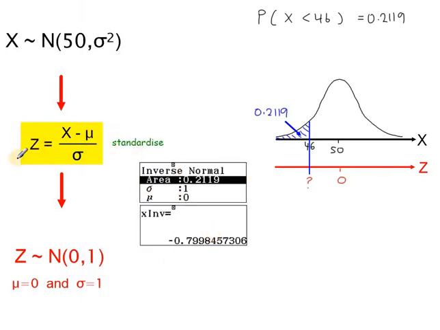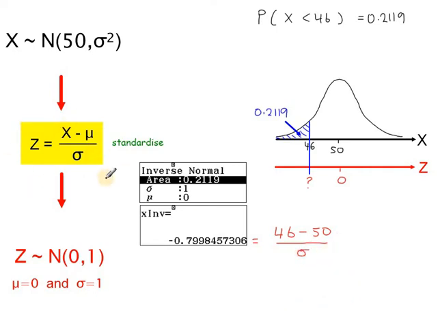It's this in the formula. So z is equal to x, which is 46, minus the mean, which is 50, divided by the standard deviation, which is unknown.